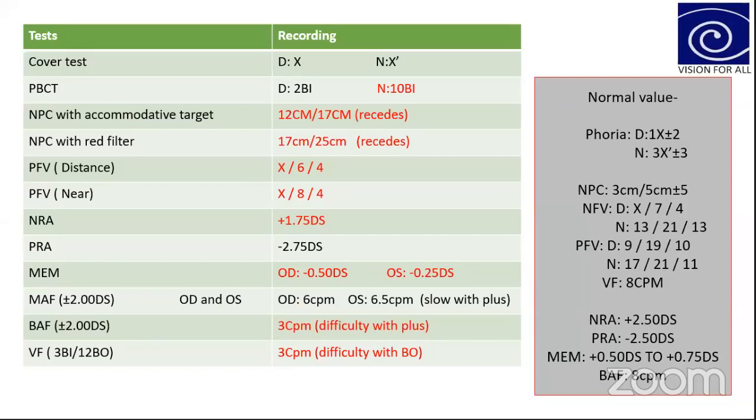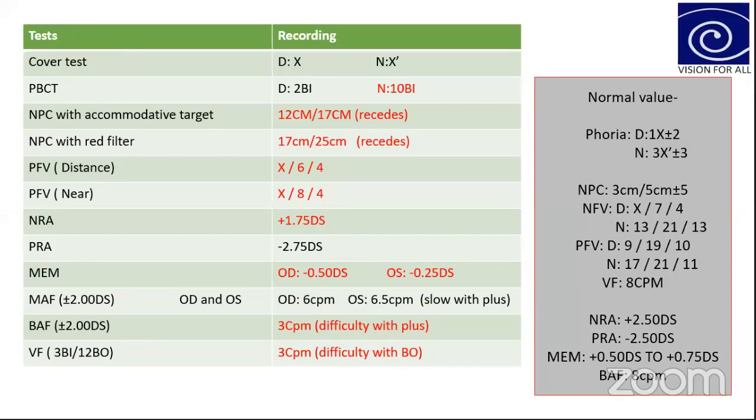Now try to correlate it with the direct test, which is NPC. NPC, with both accommodative and non-accommodative targets, is receding. Next is vergence facility, which shows 3 cycles per minute, and there is difficulty with base out.